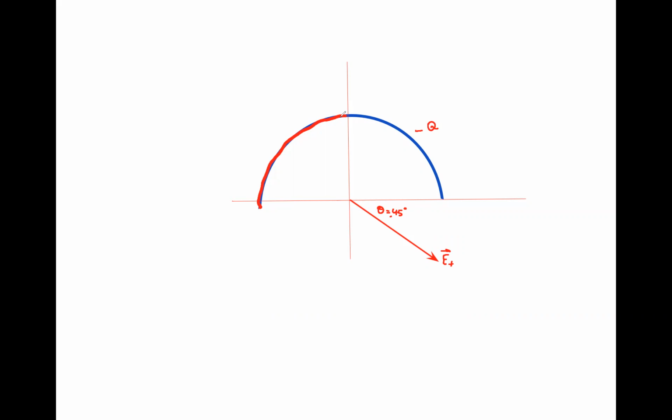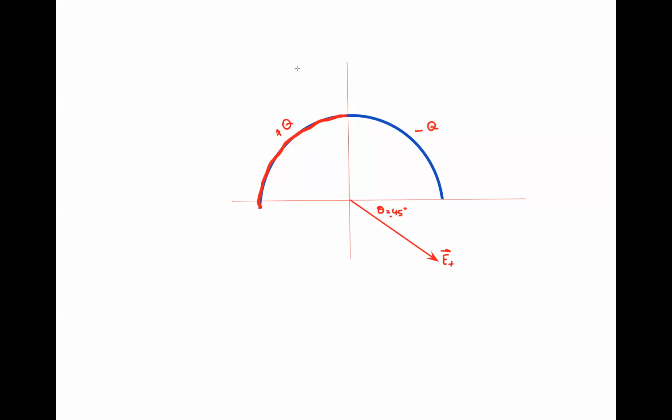As the positive part and the negative part have the same magnitude, the same quantity of charge, E positive and E negative created by this one must have the same magnitude. But we have to precise the direction.